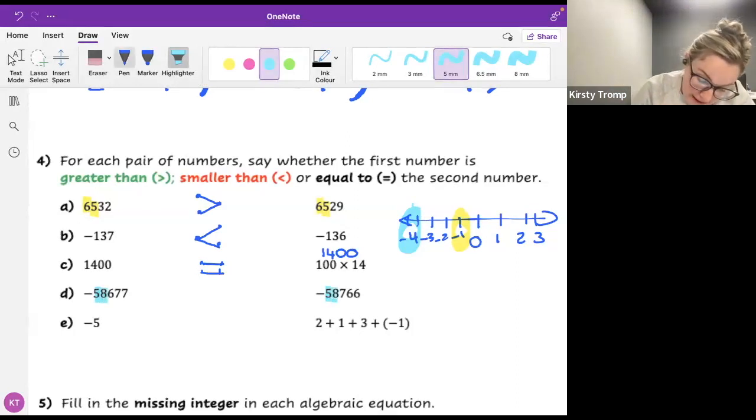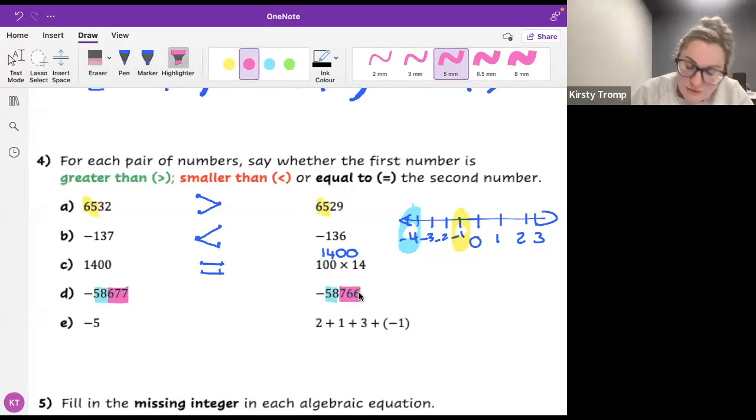So what numbers am I actually looking at when I'm trying to work out which one is bigger or smaller? Either negative 677 or negative 766. I'm going to remind you guys that the number that is closer to 0 in the negatives is the number that is bigger.